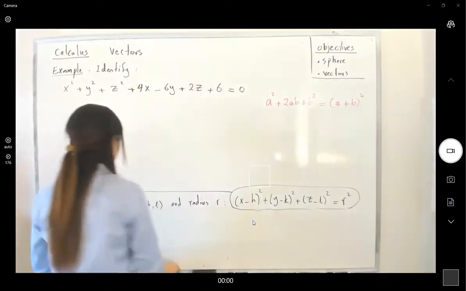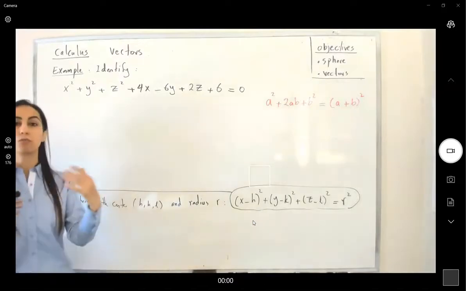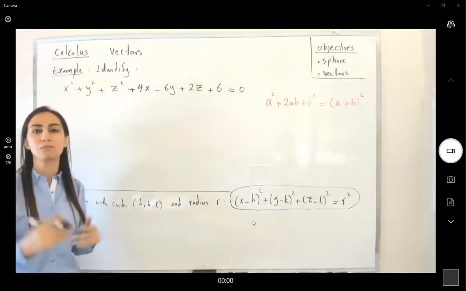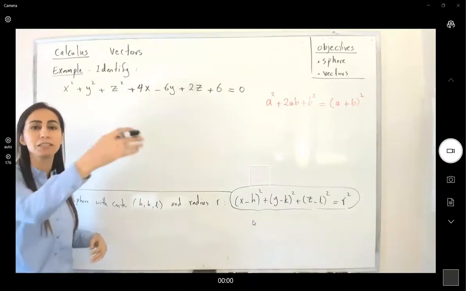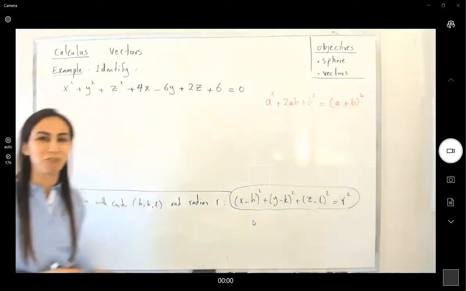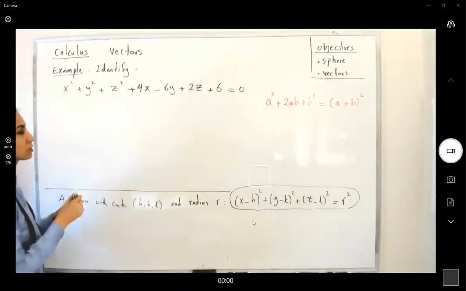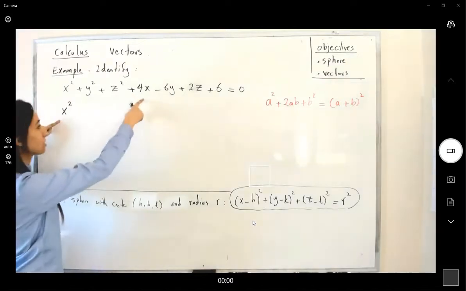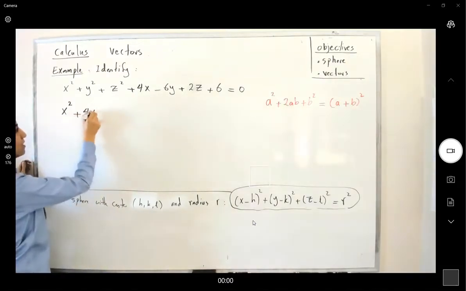Perfect. What I'm going to do is group x terms, y terms, z terms separately and try to follow the formula. I'm going to use different colors. So here I have x squared, x term, another x term, 4x.